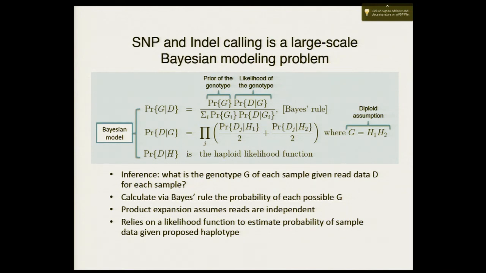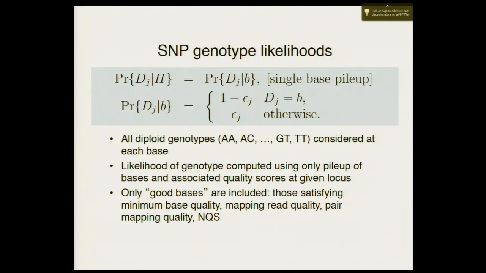And then essentially, based on Bayes' rule, we compute the probability of each of the possible genotypes. As I was saying, the reads are assumed to be independent, and this is sort of what the internal machinery does.